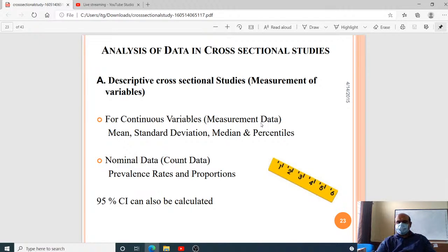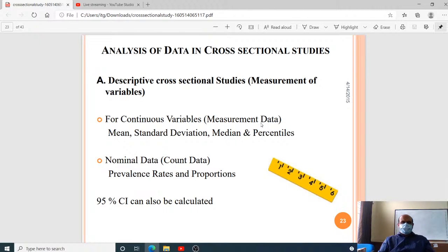Now coming to the analysis of the data in a cross-sectional study. If it is a descriptive cross-sectional study, that is measurement of the variables.